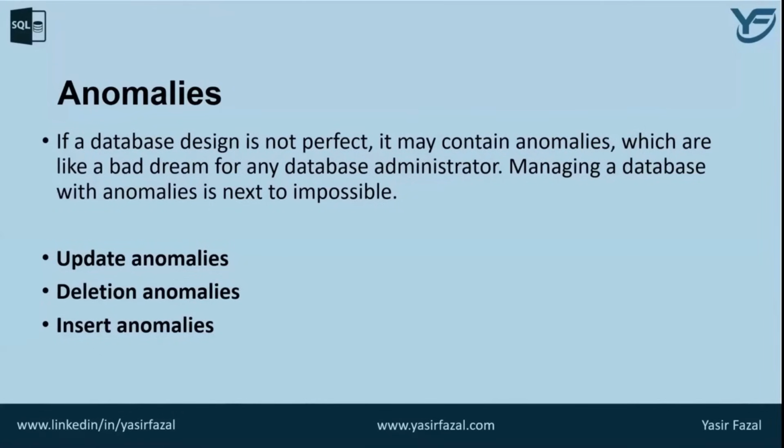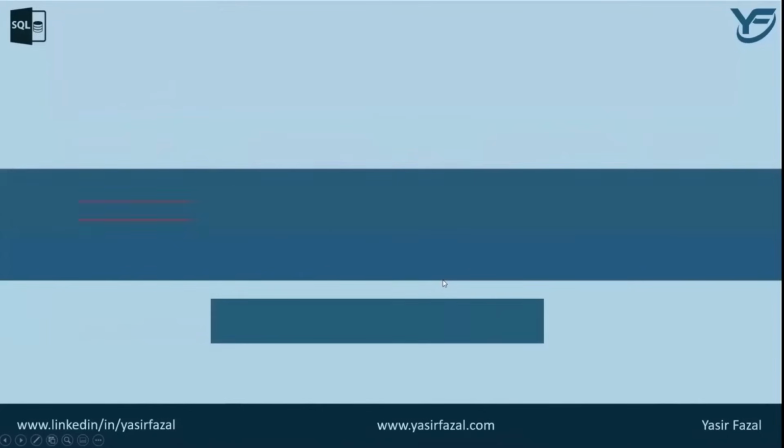Just to briefly describe, I'll give you a bird's eye view of the normalization process. There are basically three steps in normalization in which data is transformed into first, second, and third normal form. In future videos, I will discuss normalization in detail, but for now it is all about anomalies, and hopefully you have understood the concept.